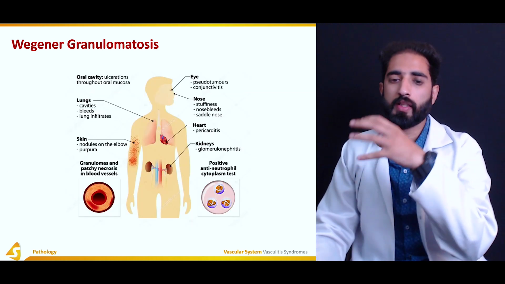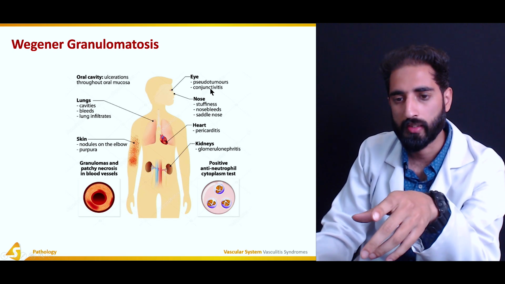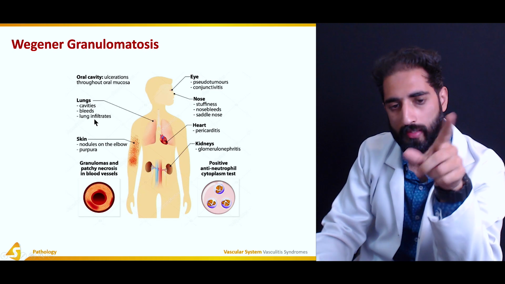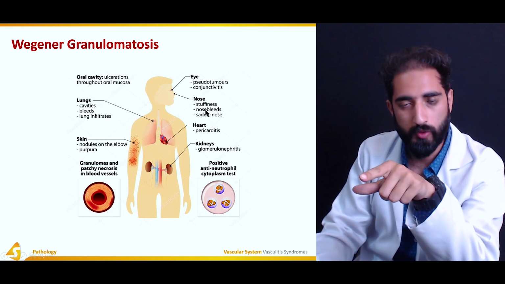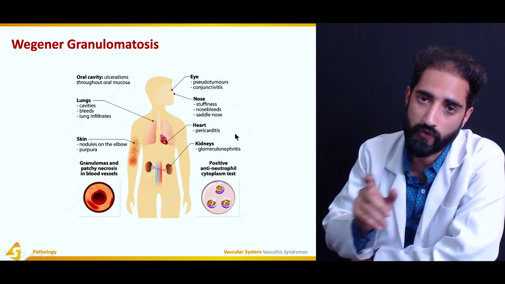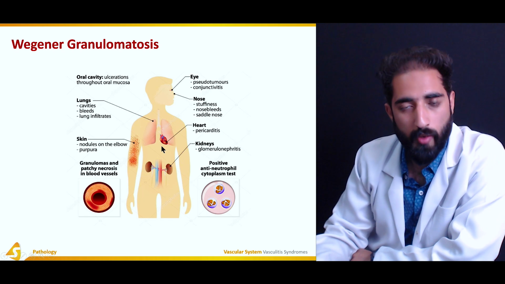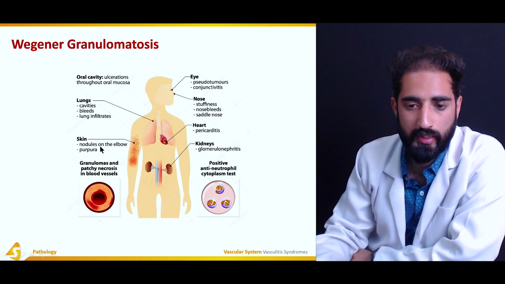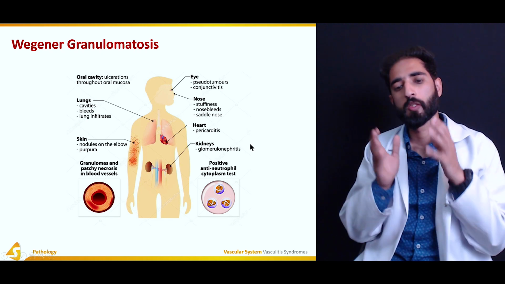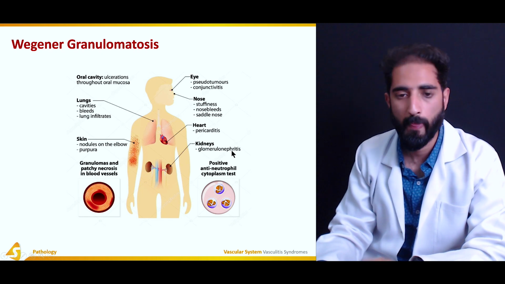So the symptoms: ulcerations throughout the oral mucosa, conjunctivitis in the eye, cavities, bleeds, and lung infiltrates in the lungs, stuffiness, nosebleeds, and saddle nose in the nose, and pericarditis, which is the inflammation of the pericardium in the heart, and nodules on the elbow and purpura, which you can see in the skin, and glomerulonephritis in the kidneys, because it specifically involves the lungs and kidneys, as we discussed in the previous slide.